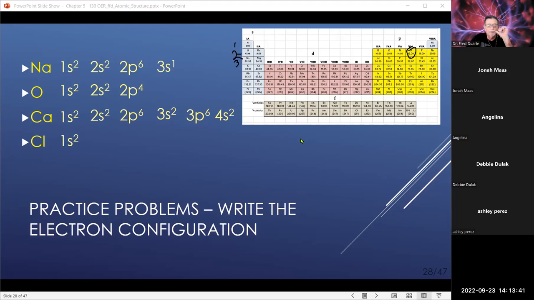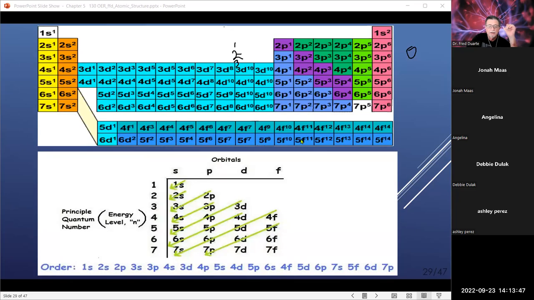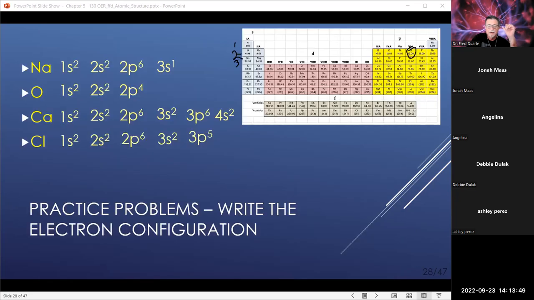Now we've got chlorine, 1s2, 2s2, 2p6, 3s2, 3p5. The big takeaway here is this. When we talk about the valence shell, that is the outermost layer of each of these elements. For sodium, it is the third energy level, and there's 1 electron sitting there.